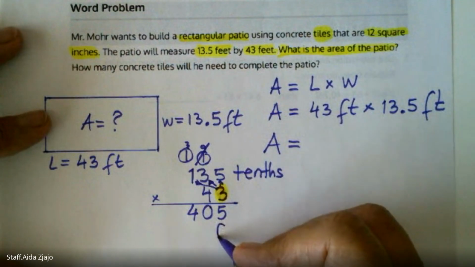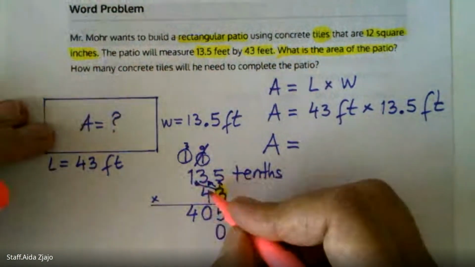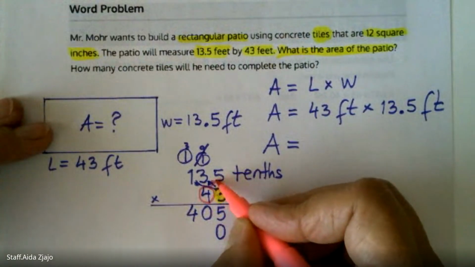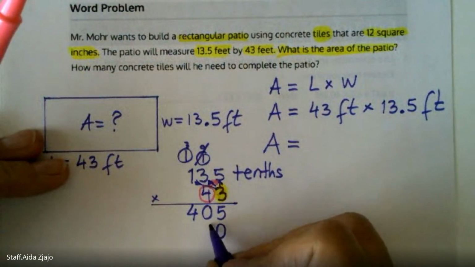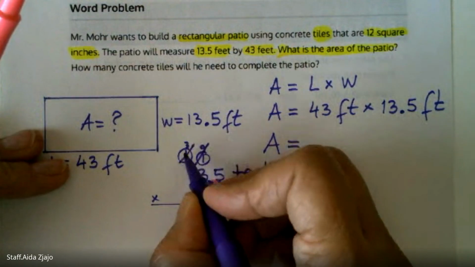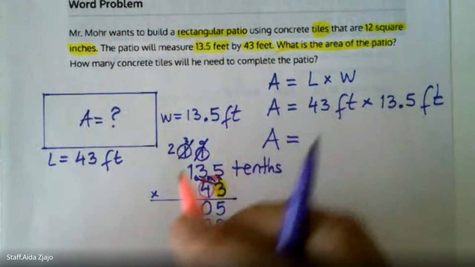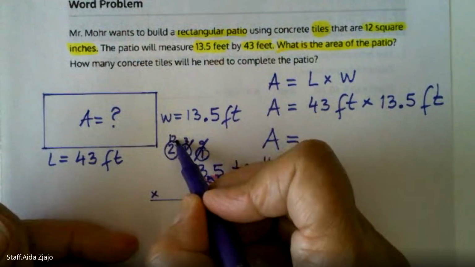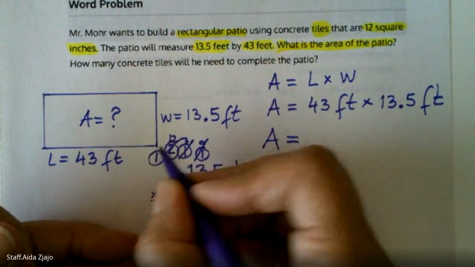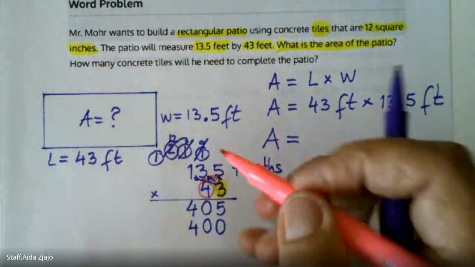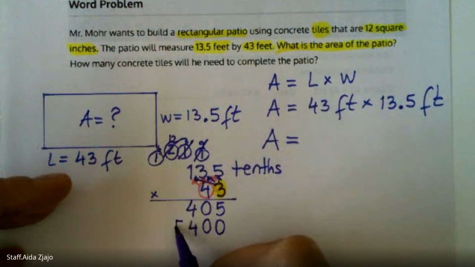Now I'm adding 0 for the ones, and I'm moving to the tens. 4 times 5 is 20. So 0, I remember 2. 4 times 3 is 12, and 2 is 14. 4, I remember 1. And 4 times 1 is 4, plus 1 is 5.